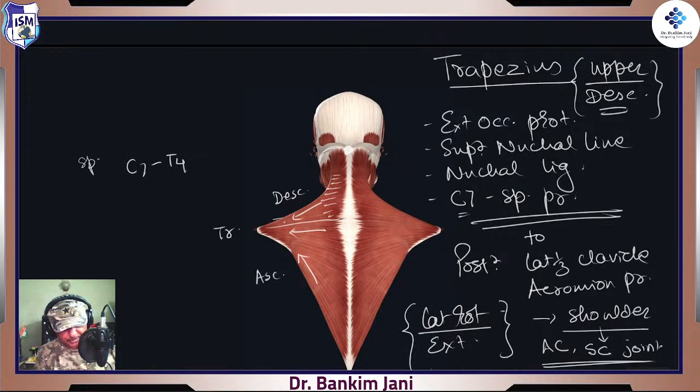That's where the spinous processes are, from where it starts. And it will go towards the same acromion process. But here, where it was the lateral 1/3 of the clavicle, here it is the medial 1/2 of the clavicle.